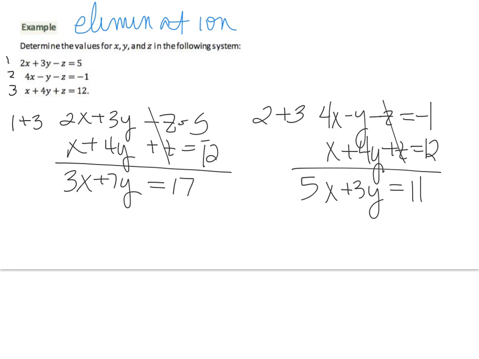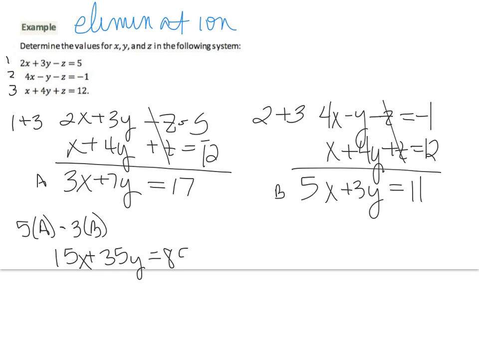So let's do 5. So we're going to label this equation A and equation B. So let's go 5 times equation A and subtract 3 times equation B. So 15x plus 35y equals 85.